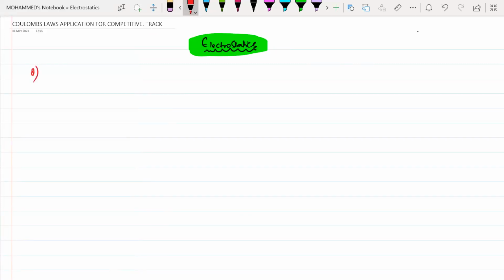Listen very carefully and try to see. We have two identical spheres which have positive charges, placed 3 meters apart.